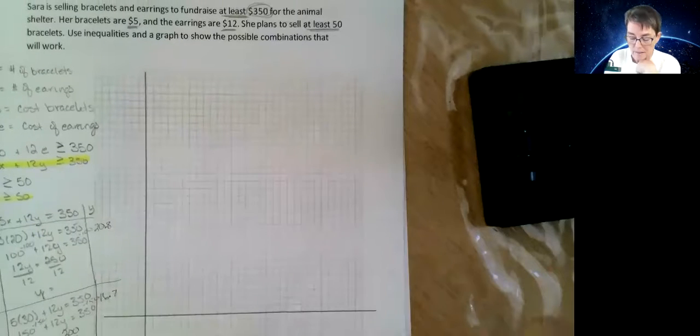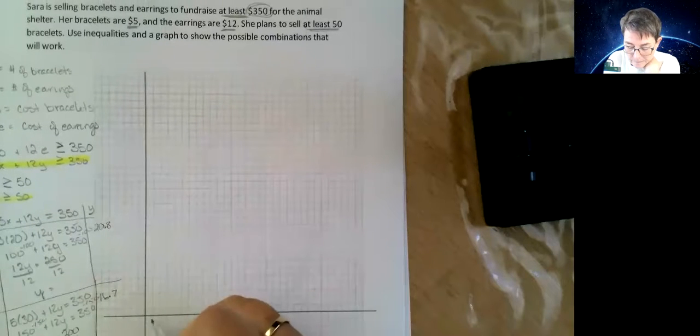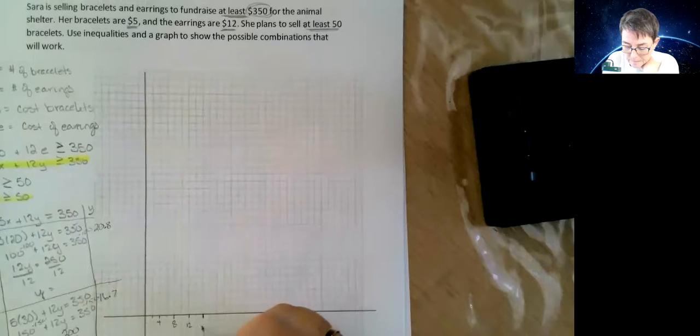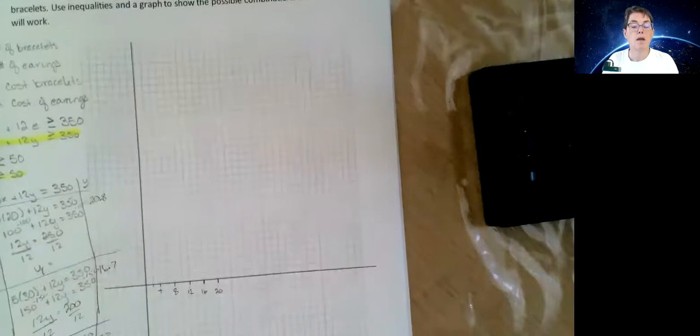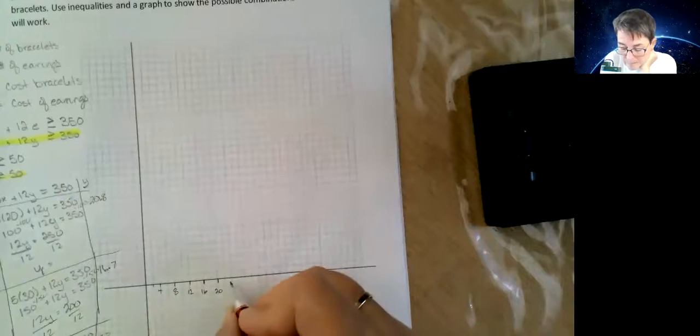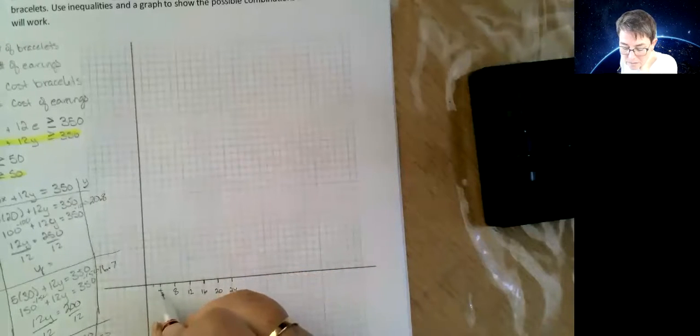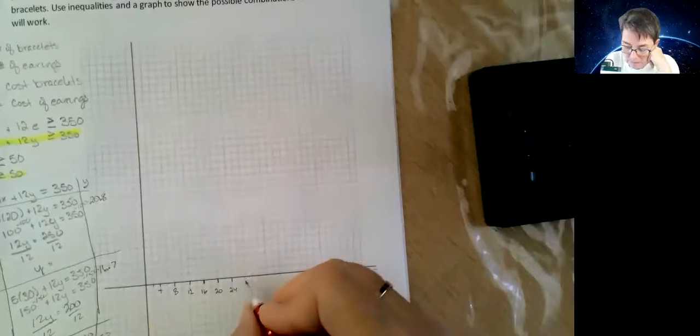Okay, so each one of my little boxes here, I'm going to make worth 2, because then I can get 50 on the way across. But if I try to go 2, 4, 6, 8, I'm going to run out of room. 26.